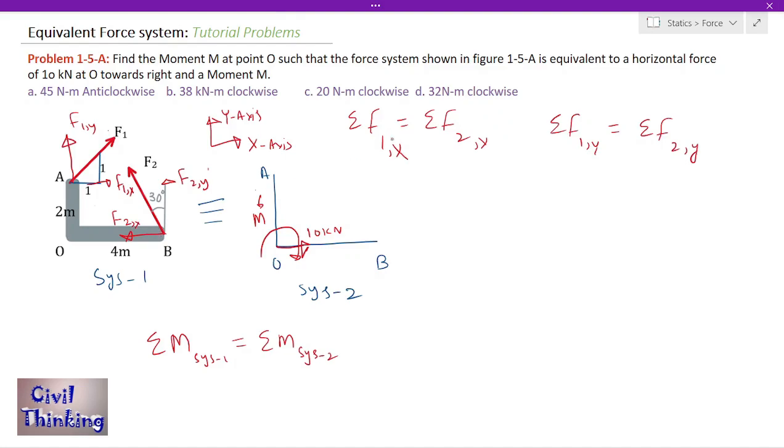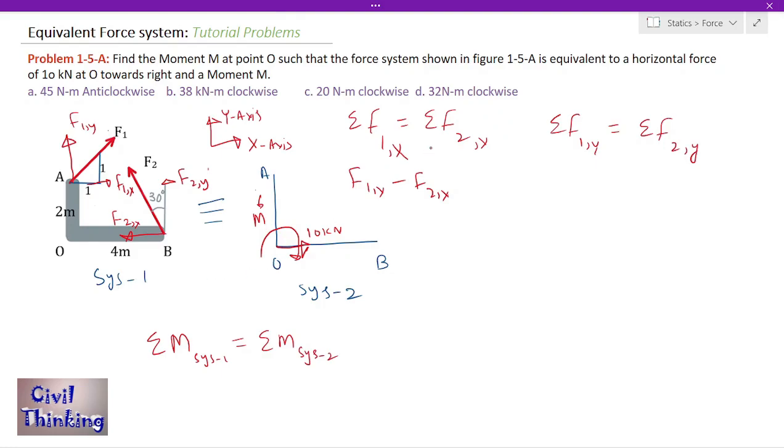Now let's apply this equation first. F1x, now F2x is towards left, which is against this direction, so it's negative, so I'll use minus F2x in the equation. This is the summation of forces in system 1 along the x-axis.